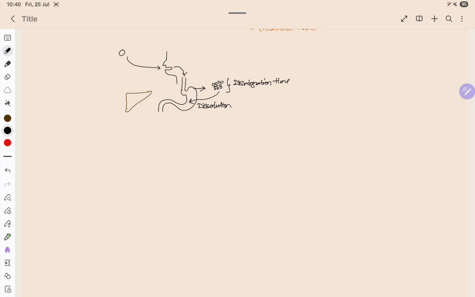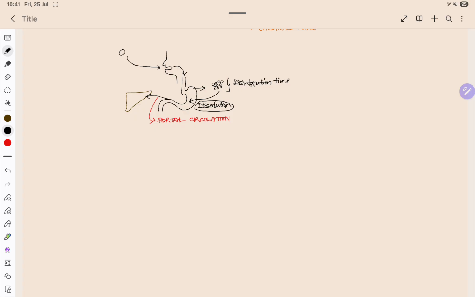Now, this particular drug substance that has been dissolved into the media would be transported into the liver. Now please make a note that this transportation into the liver is via something called portal circulation. We have to go back to anatomy to reinculcate this terminology known as portal circulation.